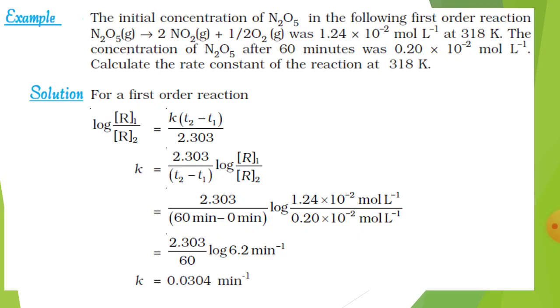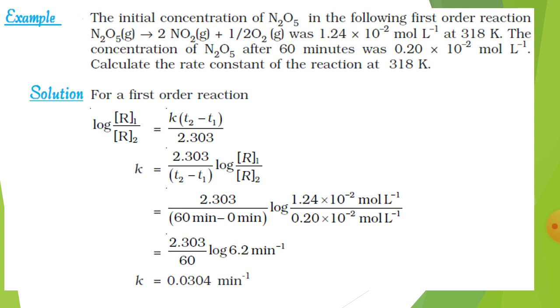Now one example is given here to explain how to use the formula K equal to 2.303 divided by T, log R naught by R. Example: the initial concentration of N2O5 in the following first order reaction, N2O5 breaks into 2NO2 plus half O2, was 1.24 into 10 to the power minus 2 mole per liter at 318 Kelvin.